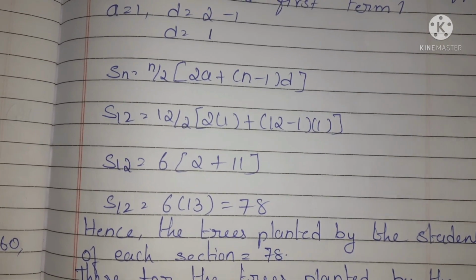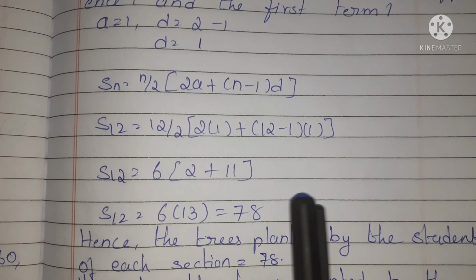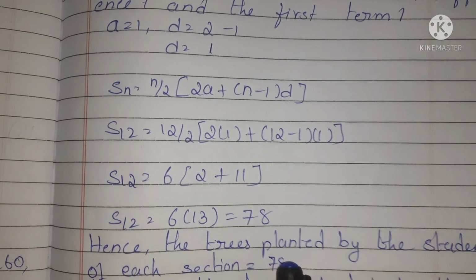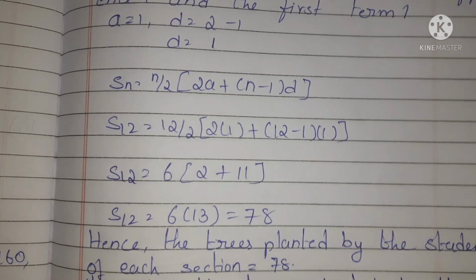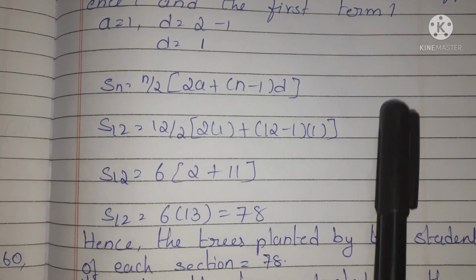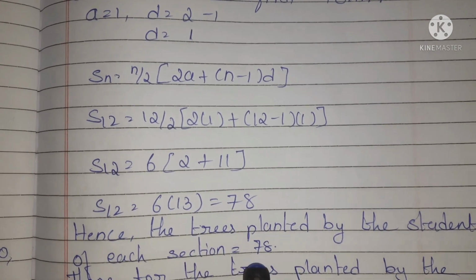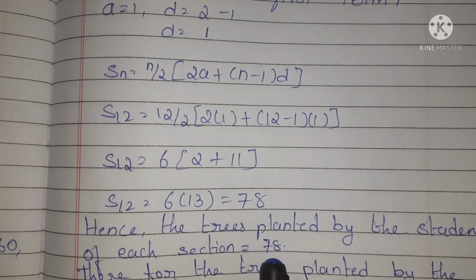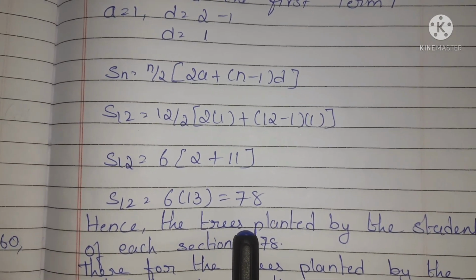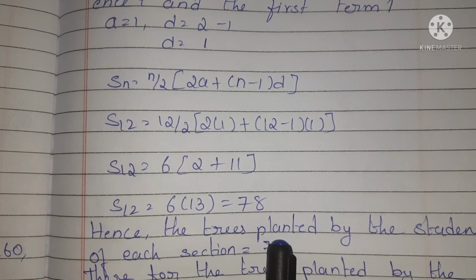78 trees. See here, each section, that means class 1 1 tree, class 2 2 trees, class 3 3 trees, class 4 4 trees, like that. If we take like that up to 12, then we will get 78 trees. But in each class they are having three sections.